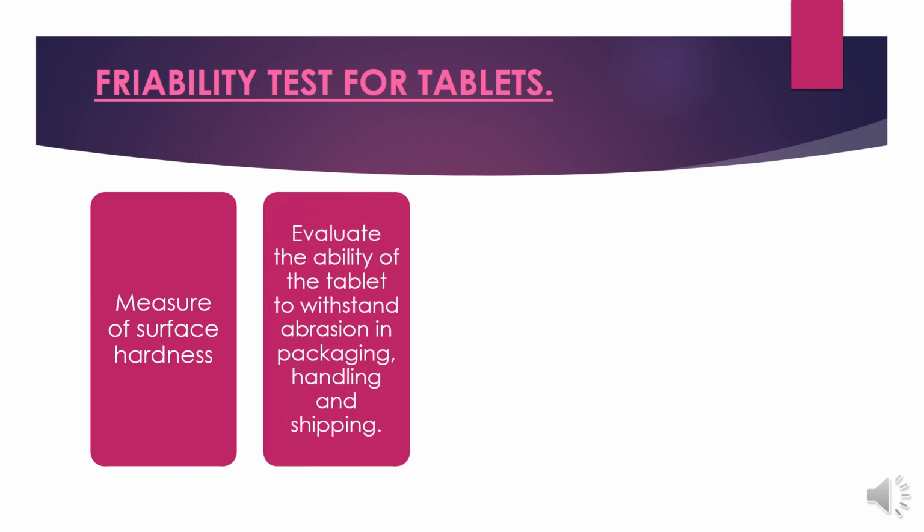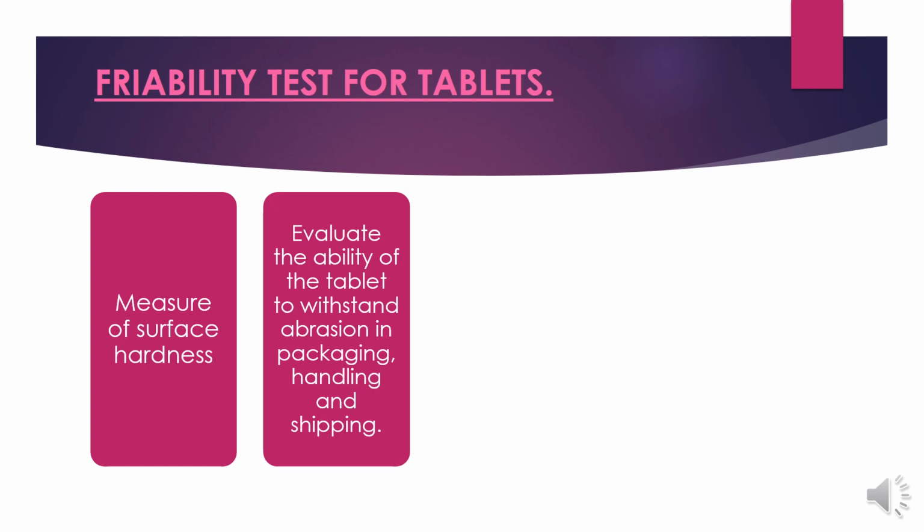Basically, this test evaluates the ability of a tablet to withstand abrasion in packaging, handling, and shipping. Friability, as the name suggests, is the capability of the tablet to withstand the abrasions and shocks during packaging, handling, and shipping. Whatever surface hardness and smoothness is there should be maintained.